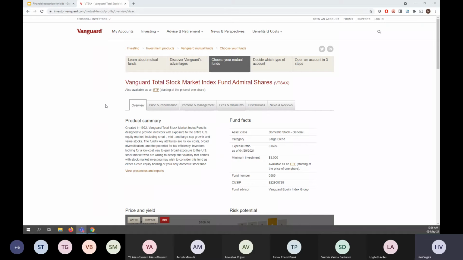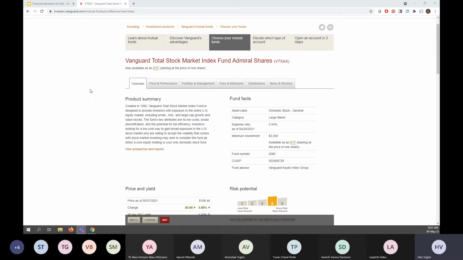As I was just telling, Vanguard was the first company that started index fund investing in the 1960s. That's the reason whenever you talk about index funds, you can't stop talking about Vanguard, because this is the company that started the index fund. So this is the Vanguard Total Stock Market Index Fund.